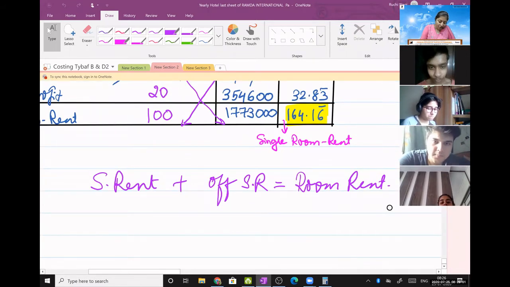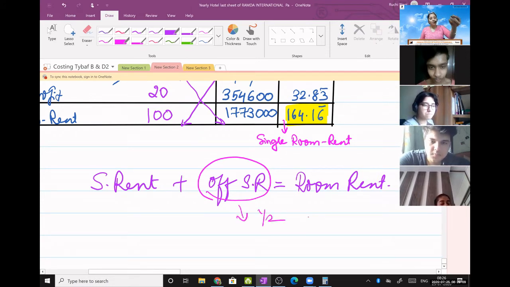Okay. Now, what is the question telling you? Question क्या बोलता है? Off season's rent half है. जो भी तुम रेंट चार्ज कर रहे हो, ऑफ सीजन्स में रेंट हाफ चार्ज होने वाला है, इतना हमको इंफॉर्मेशन मालूम है. तो can I assume season's rent is x, then off season's rent will be half of x.